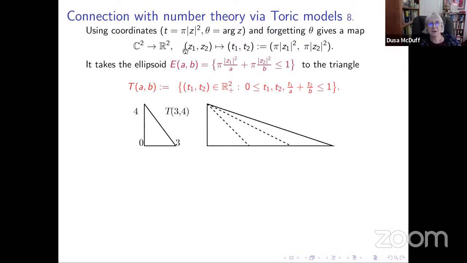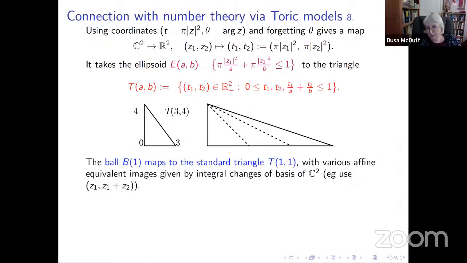And then that takes an ellipsoid into a triangle, because the ellipsoid is quadratic, but this becomes linear in the T's. And so you get an ellipsoid, which might look like this. And the ball maps to what I think of as a standard triangle, which has two sides of one.